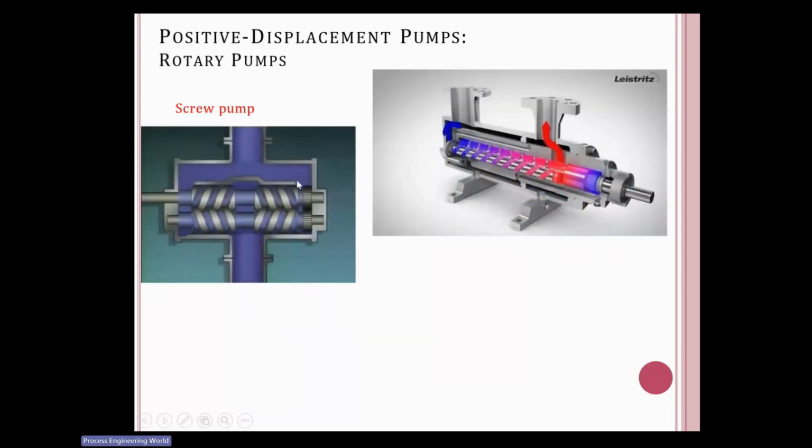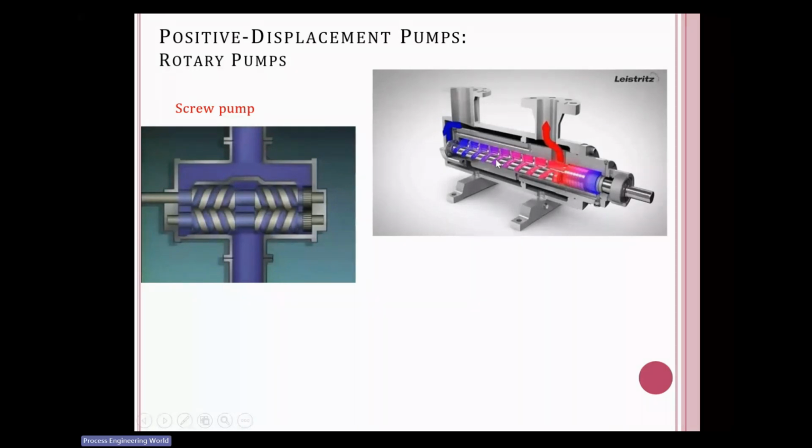Again, the screw pump which we were talking about: if you need to transfer a heterogeneous mass, you need screw pumps. So how do screw pumps look? This is the top view. This is the angled or section view, you can say. This is your suction point, the blue line.